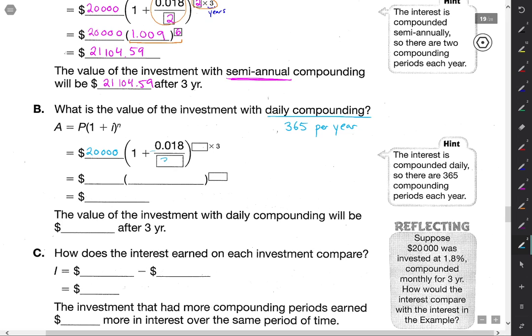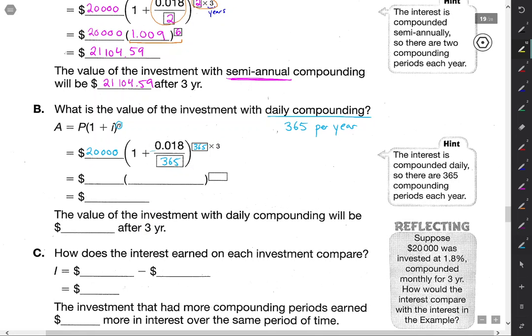But this time we're going to divide by 365. And then to find the amount of times we compound it, we take the amount of times per year we compound it, which this time is 365, and we're going to multiply it by the amount of years. So again, we're dealing with 3 years just like last time, so that's why we're multiplying that by 3.